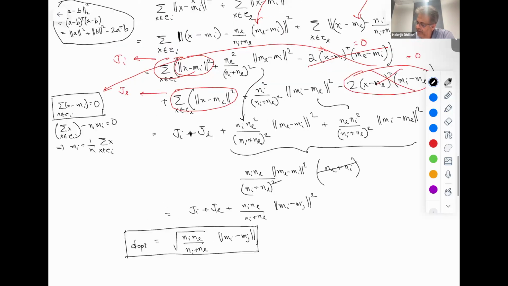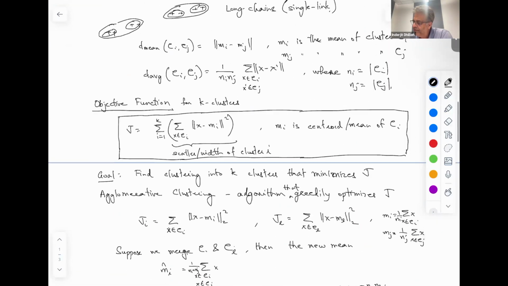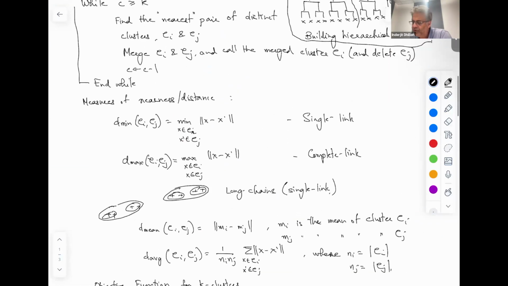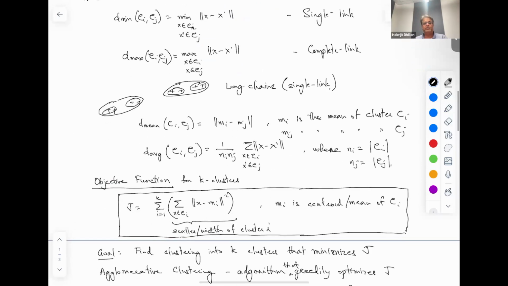If you look at it, it's actually kind of close to some of the heuristics. One heuristic we talked about was this one over here, where we were doing just Mi and Mj.